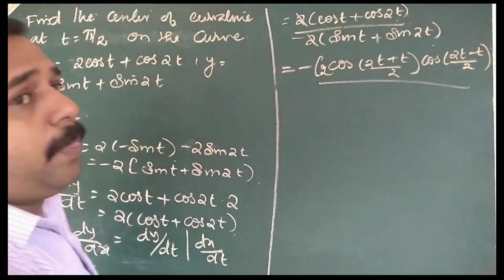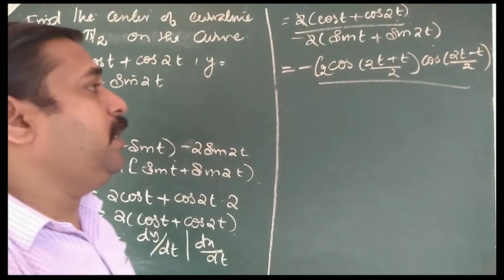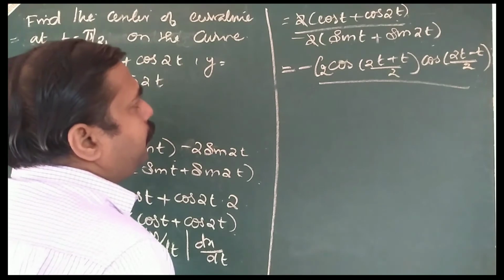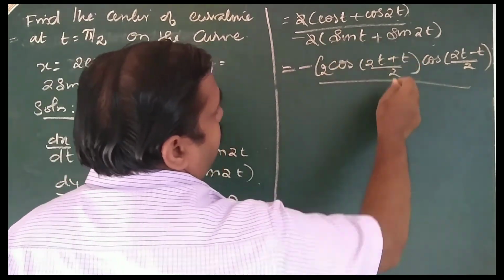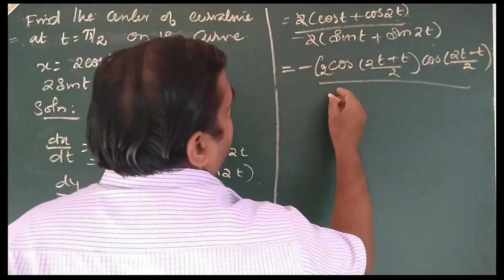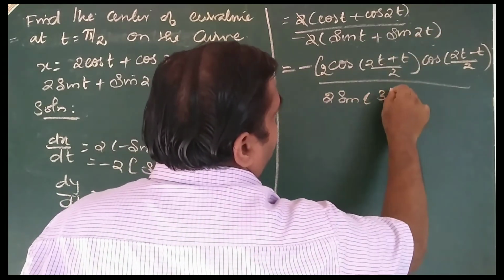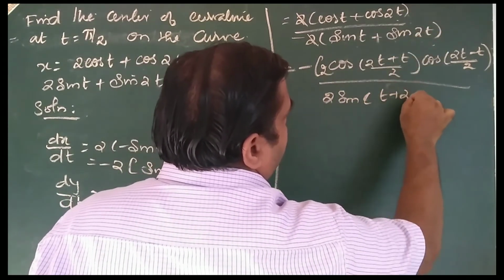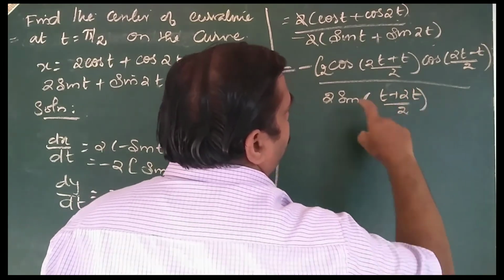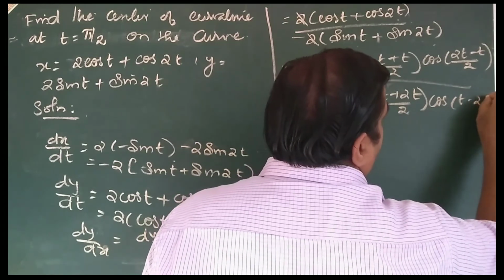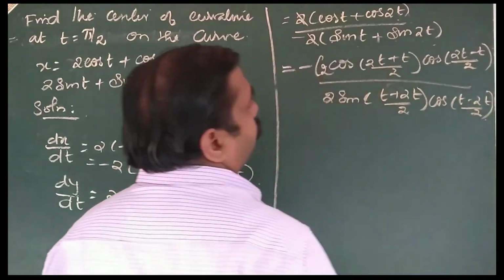2 cos (a+b)/2, or 2 cos (c+d)/2, (c−d)/2 divided by 2. Then in the denominator, sin and sin, so we take 2 sin (c+d)/2, that is equal to (3t+2t)/2, again cos (t−2t)/2.